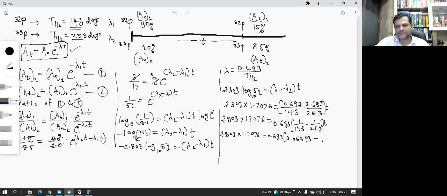So you can write it as 0.03953, and that is to be multiplied with time t, which is to be found out.